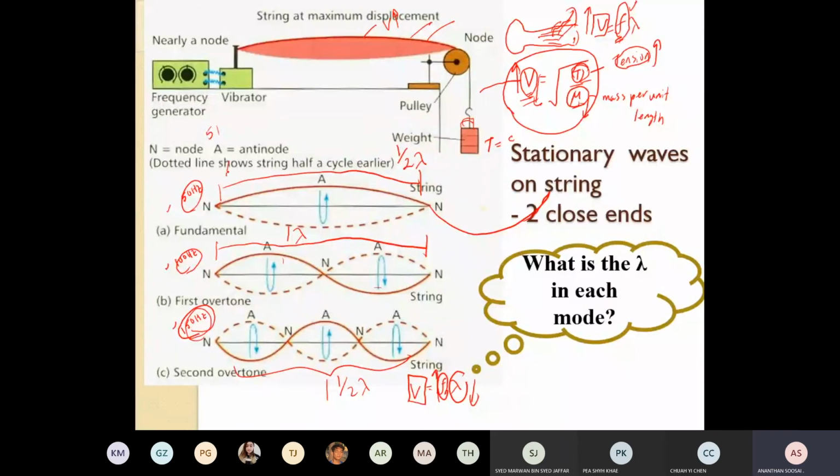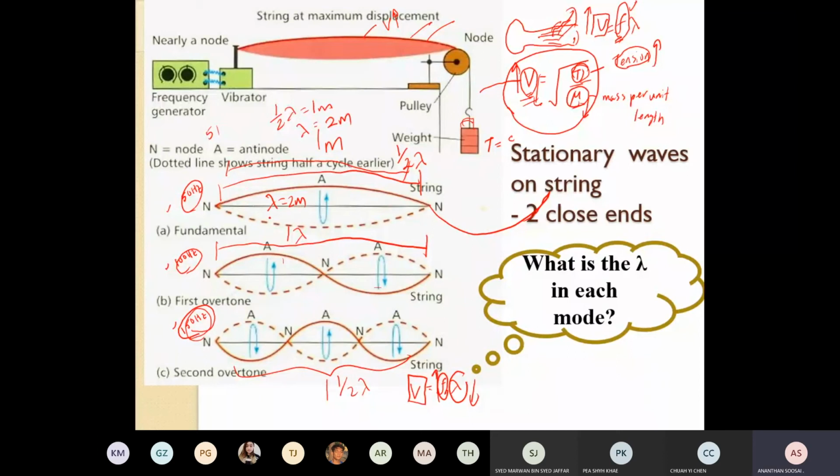The wavelength gets shorter because the length of the string is permanent. The length of the string is L, the same length. Let's say the length of the string is 1 meter. For the first one loop, the half lambda will equal 1 meter, so lambda will be 2 meters. So for the first appearance, lambda is 2 meters.